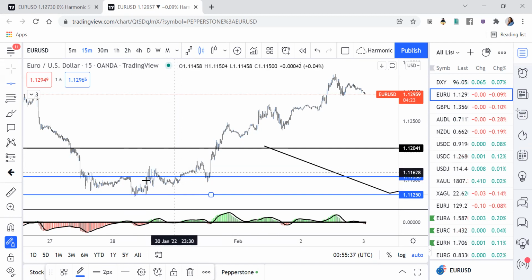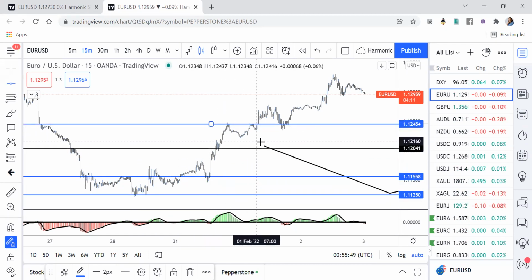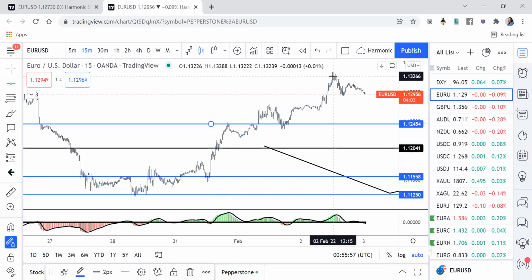Price came, gave us a breakout, retest, continued up, right? We have a 15-minute high here, a 15-minute low there. So price gave us a breakout, retest, continuation up. And then it gave us a 15-minute high up here.